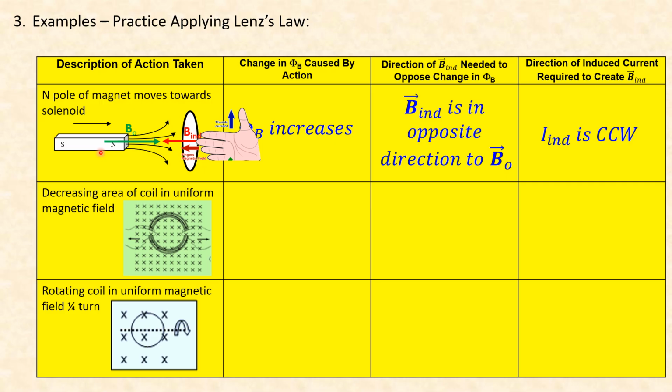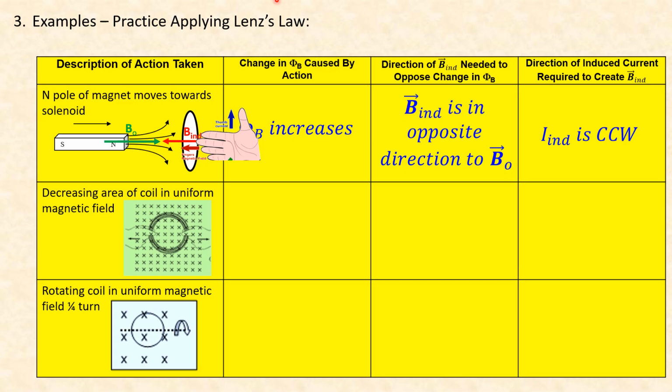All right, so in the second example, we are told that the action taken by your fingers here is to pull this coil apart so that we decrease the area of the coil. So once again, what effect is this going to have on the magnetic flux?